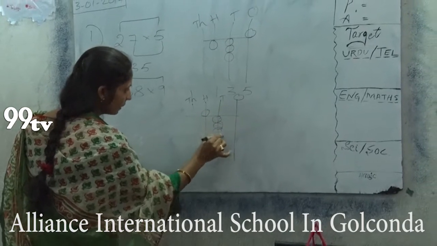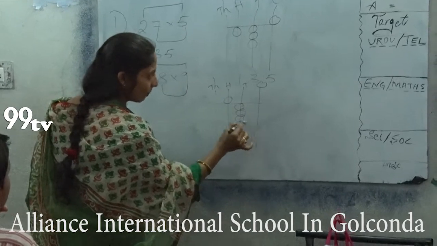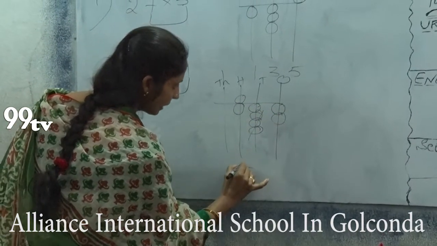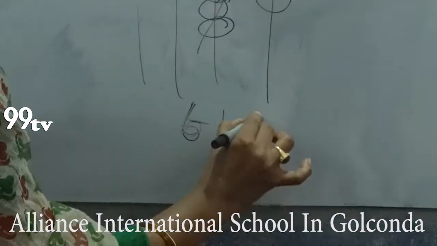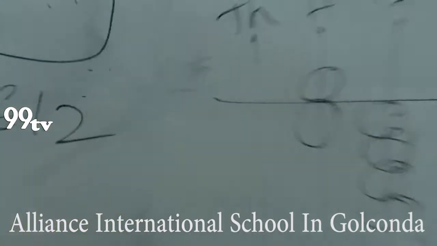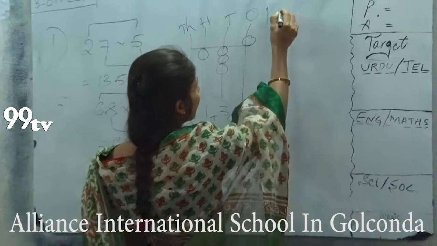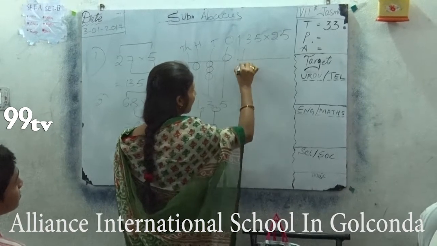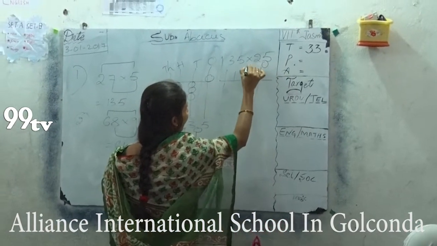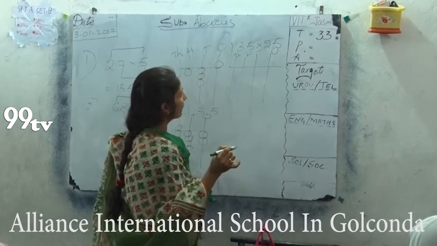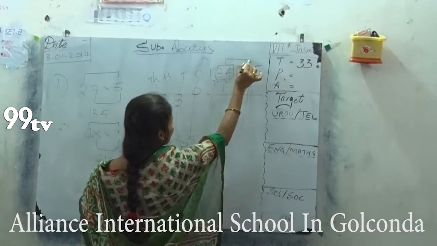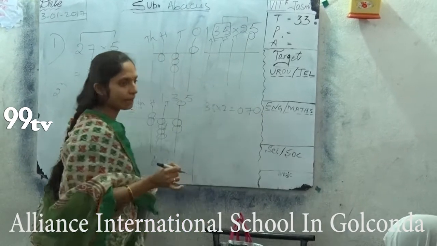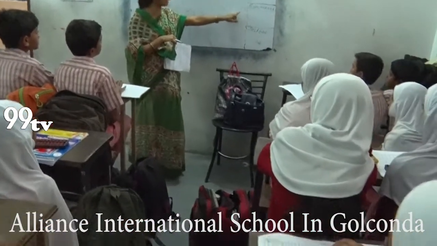Next, 8 9s are 72. 35 twos are 70. But you have to make it 070, because every time you should get a triple digit number, you are getting a double digit number only.